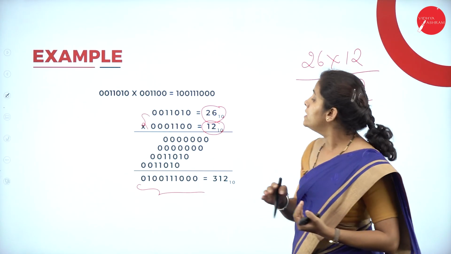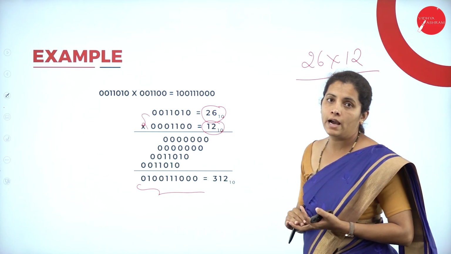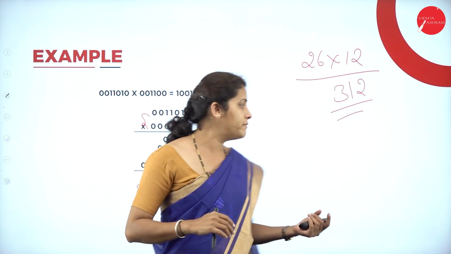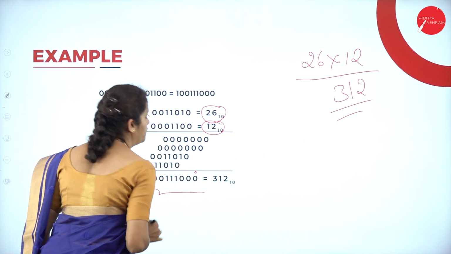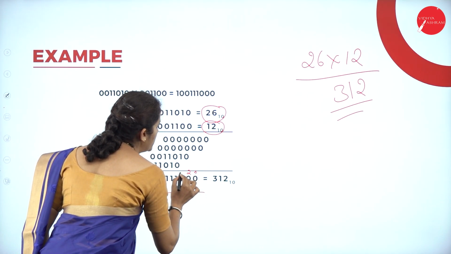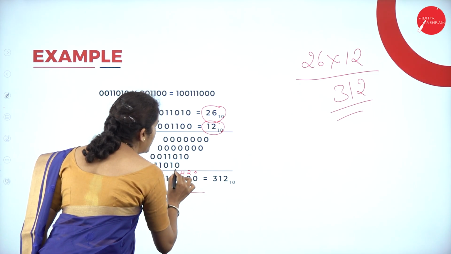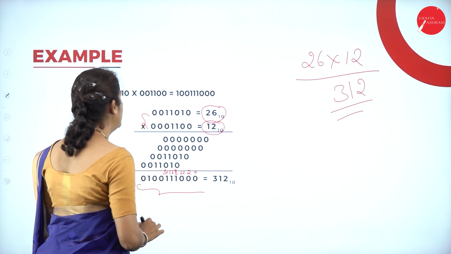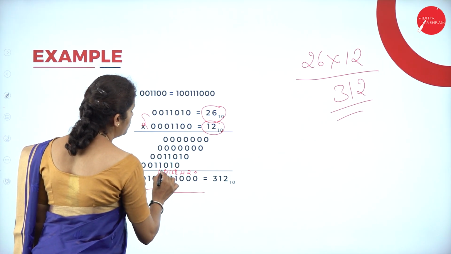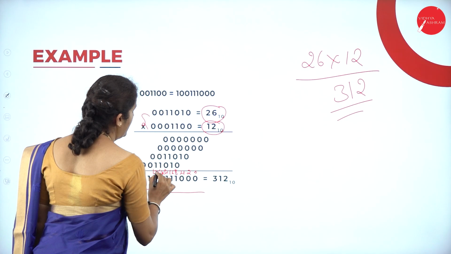Dear students, let's cross check the values. So here we have the values. So here it is 0. So here it is 2, here it is 4, 8, 16, 32, then we have 64, then 128, then here we have 256.